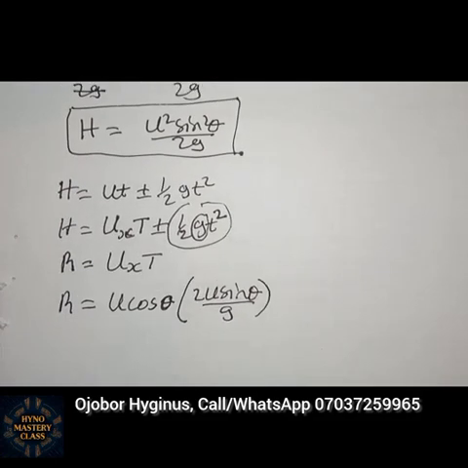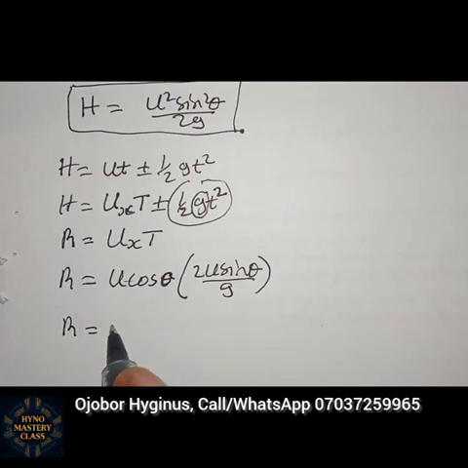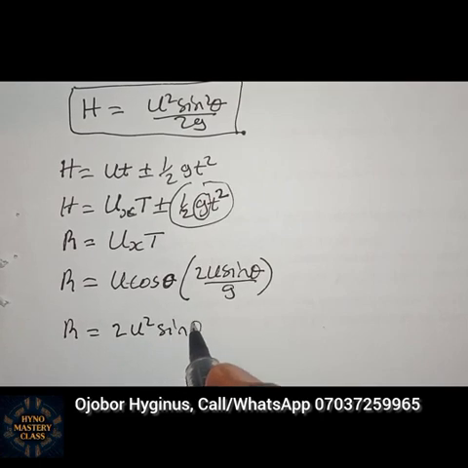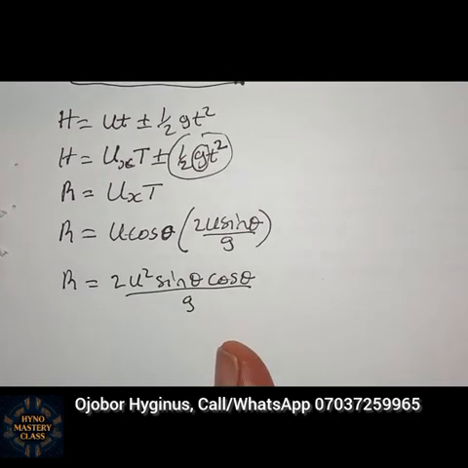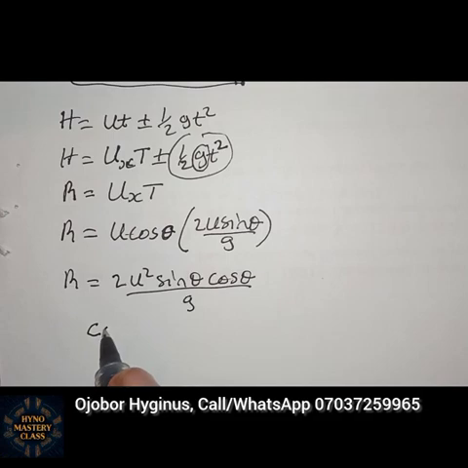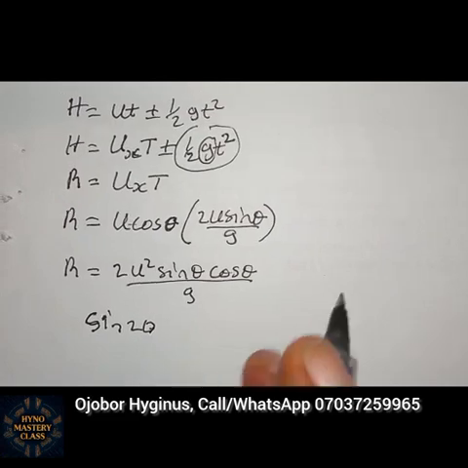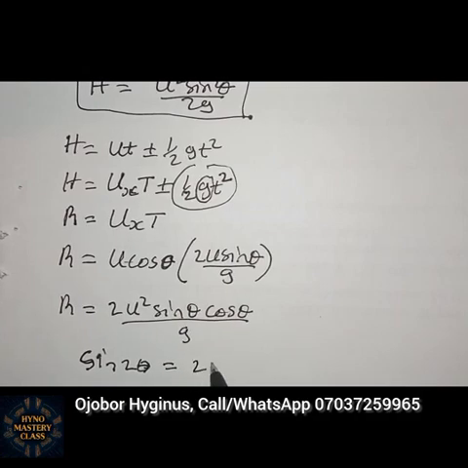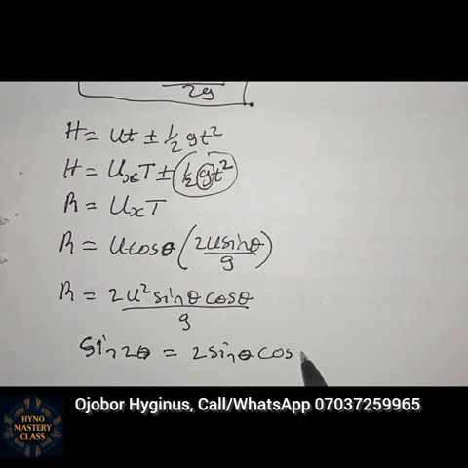Okay, and then if we put these two things together, we are going to have that the range is equal to u times 2u, so you have 2u squared sin theta cos theta all over g. And you recall that there is a trigonometric relation that sin 2 theta is equal to 2 sin theta cos theta.